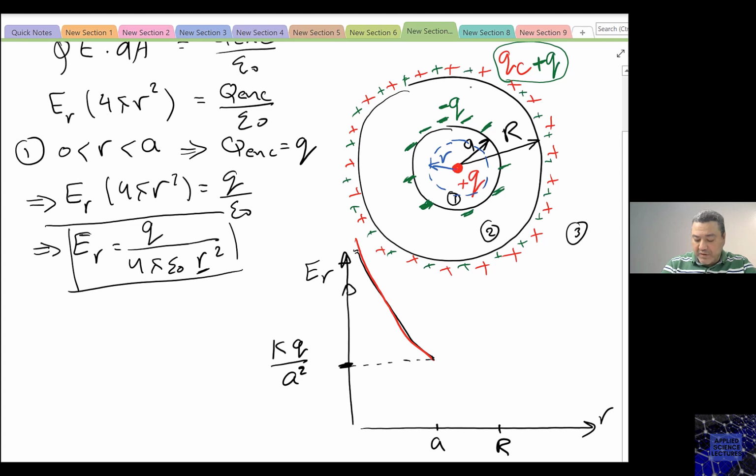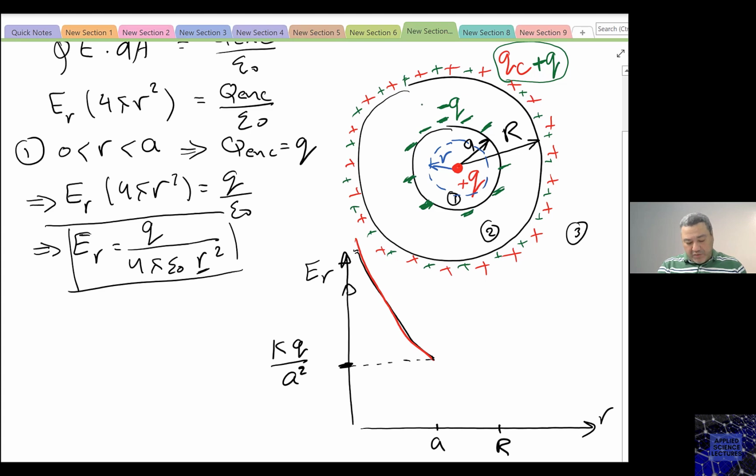So right at the surface now I have the summation of Qc plus Q, and right on the surface of the cavity I have negative charges, minus Q. So where did those minus Q and plus Q come from? They came from the conductor itself. The conductor was neutral.